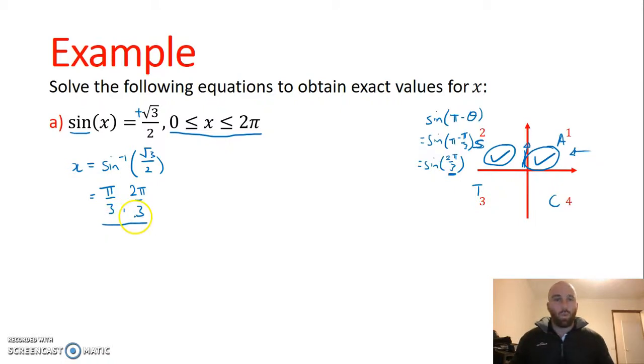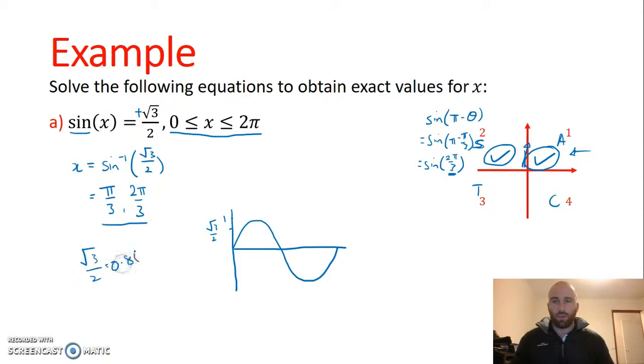What this actually means is when we graph sine of x, as we go up, down, up, the value that we have, square root 3 over 2, is just below 1. So it's approximately 0.866 if you put that into your calculator.